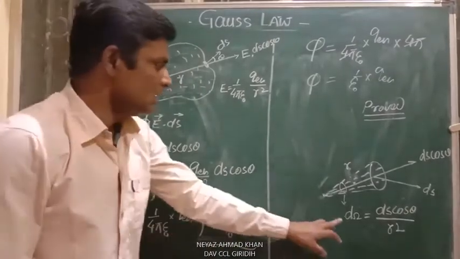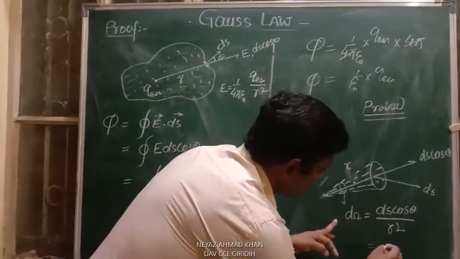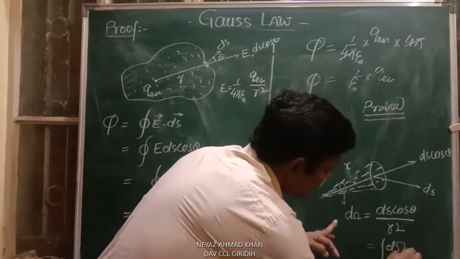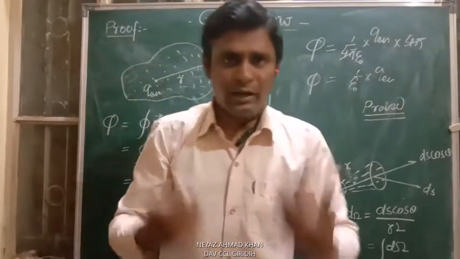But if this integration of d omega is carried out, it will be 4 pi. To understand this, look at me.